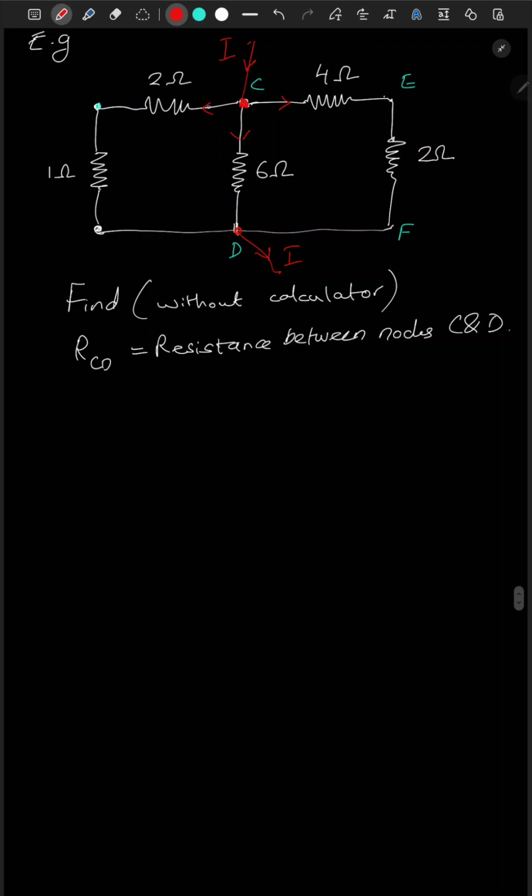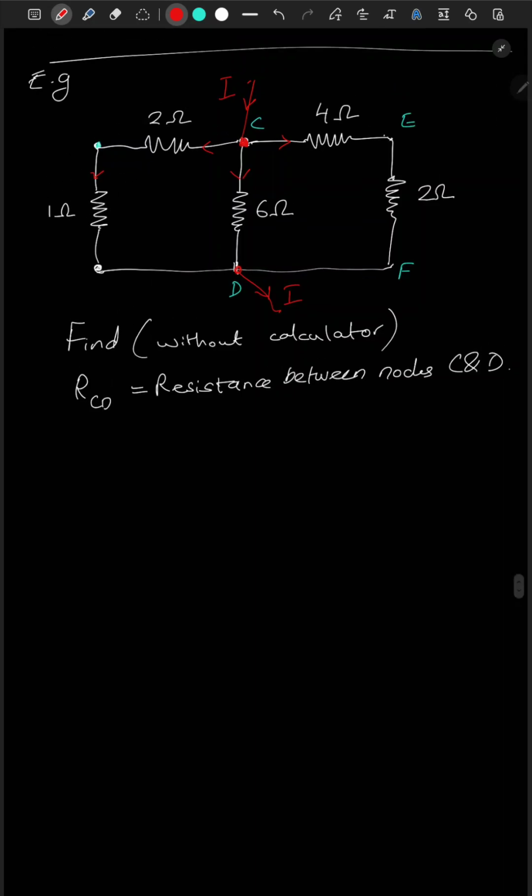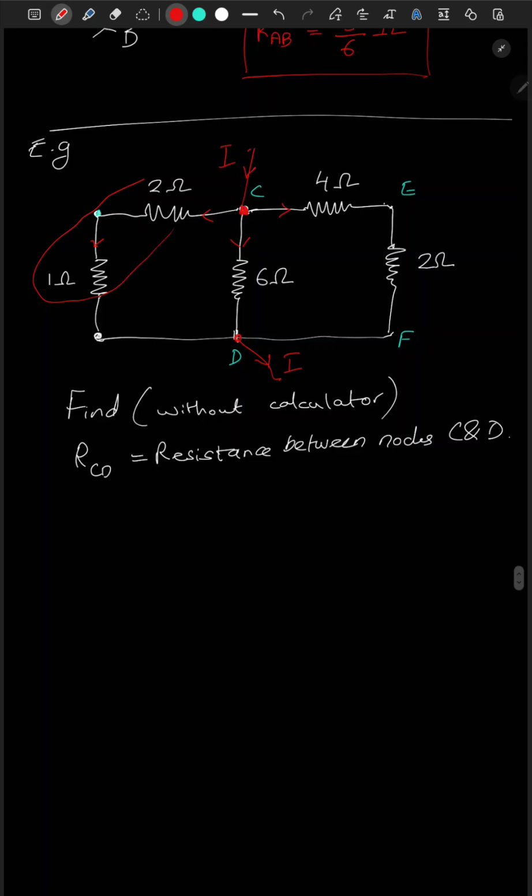So the same current I would go to the 2 ohm resistor and the 1 ohm resistor, meaning that these two are in series.